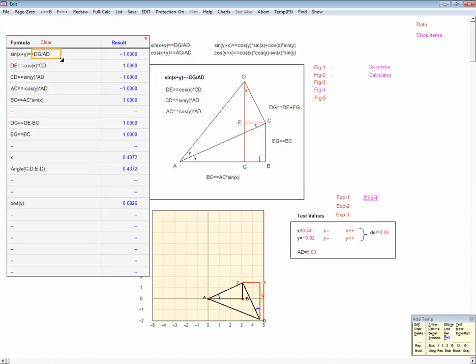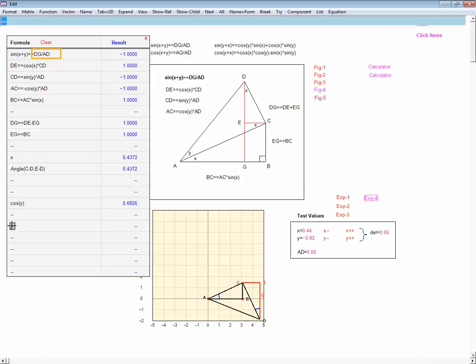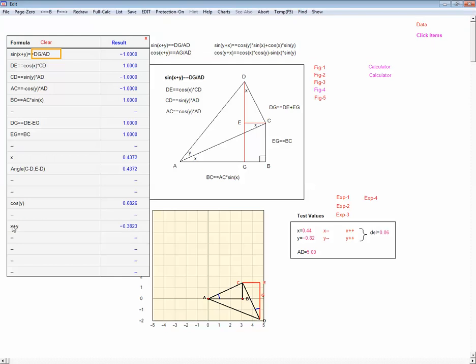So this up here cannot be true because the sine of x plus y is now negative. Let's take a look at what x plus y is. X plus y is going to be a negative number, I hope. Yes, it's a negative number, and the sine of a negative number has to be negative. So that's why that equality up there no longer holds.